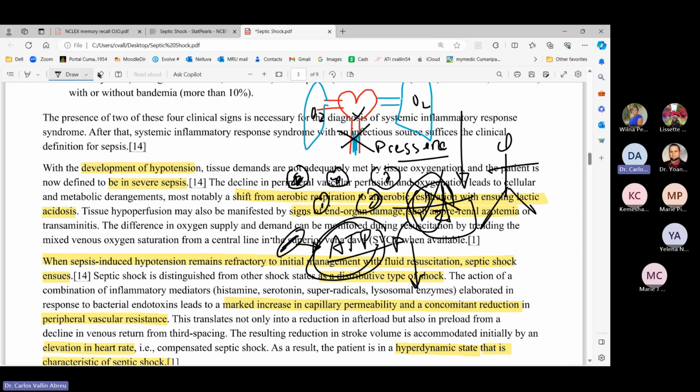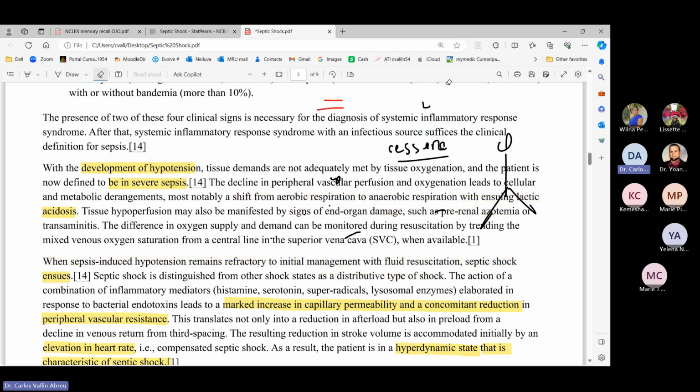So that's why they say that in this scenario, where we have an infection and a systemic inflammatory response syndrome, if we develop hypotension, tissue demands are not adequately met by tissue oxygenation. Not enough oxygen is reaching the cells, and the patient is now defined to be in severe sepsis.